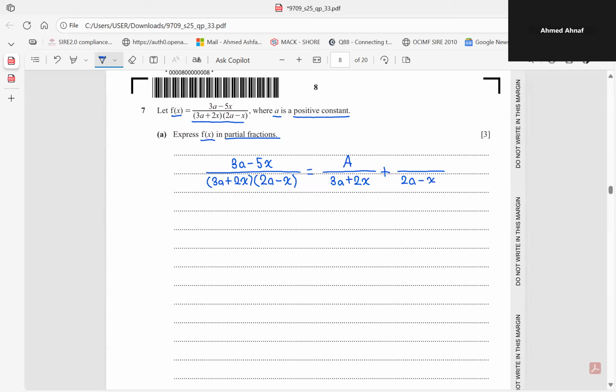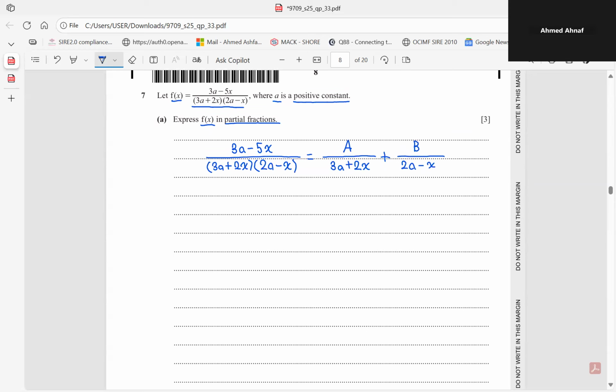Since the denominator is a linear term, then the numerator is going to be B, a constant. So this is what we have to set up.